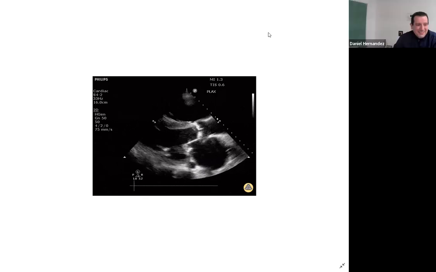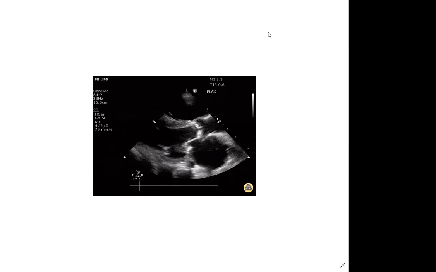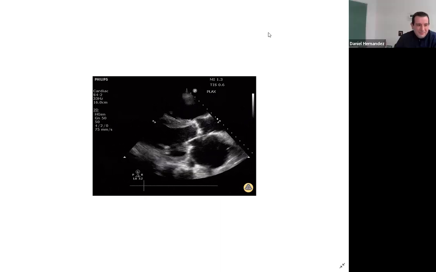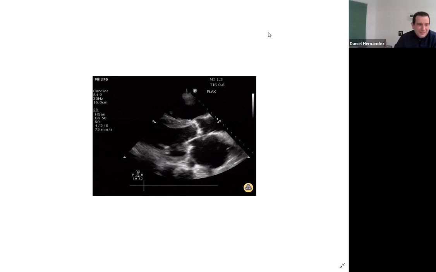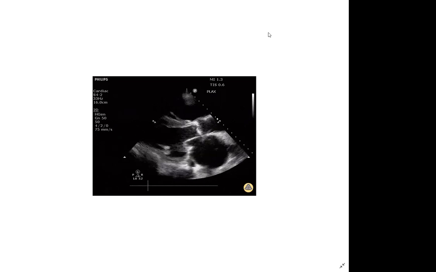Something else we see. I don't really know what it is, but there's something going on in the left ventricle, or the right ventricle, I mean. Right ventricle? Yeah, I don't know what it is, at the bottom. RV or LV? The right ventricle.